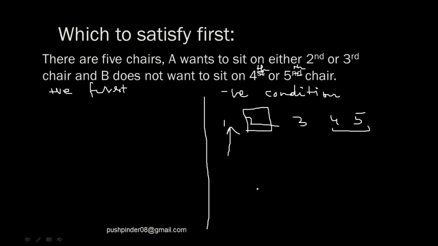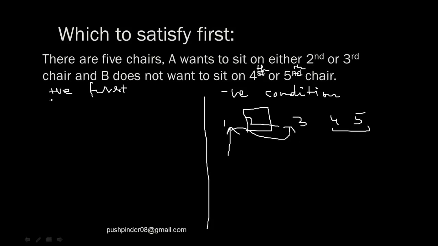A is supposed to have two choices because he wants to sit either on second or third chair, which means we are supposed to give A two choices, and we are satisfying B, but in the end we are forcing A to sit on the third chair. I hope you're understanding, right?